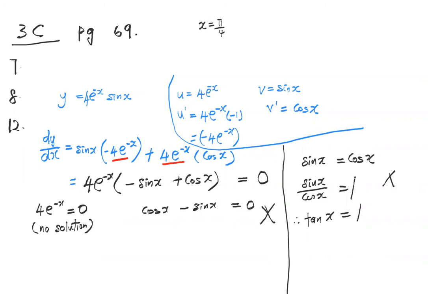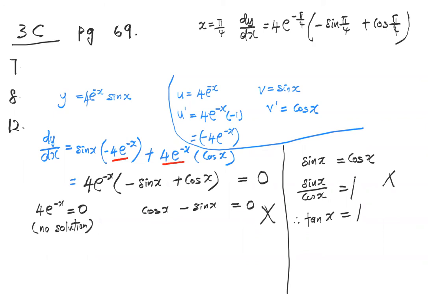Okay, dy dx equal to 4 e to the power negative pi by 4, negative sin pi by 4 plus cos pi by 4. Are you clear? I can just do like that.